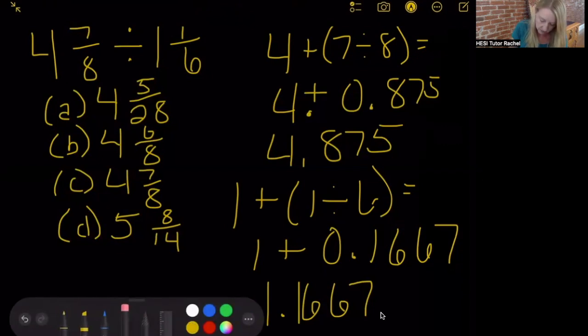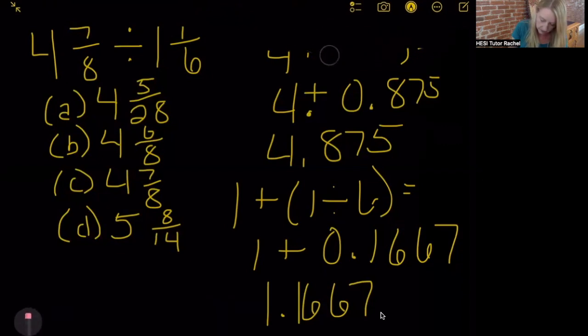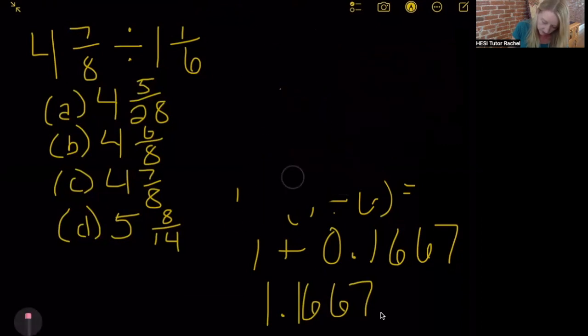So just to give me a little more space here, I'm going to erase all this.